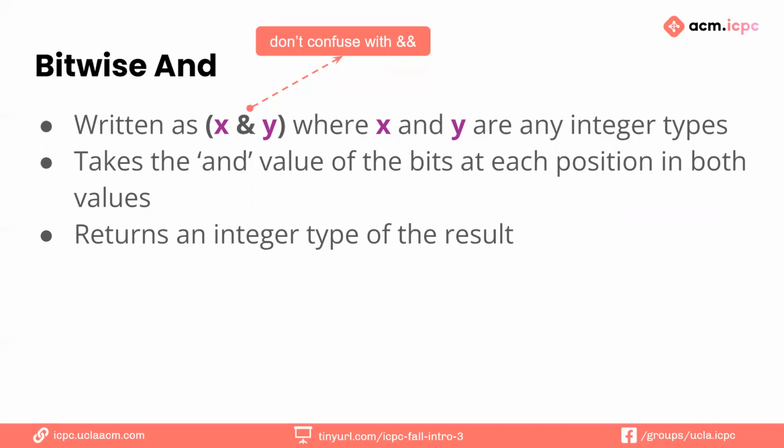What this operator does, well, it doesn't literally convert, but you can imagine that it converts each number into binary, then takes the AND of the bits at each position of both values, and then takes the resulting binary number and returns it as an integer type.